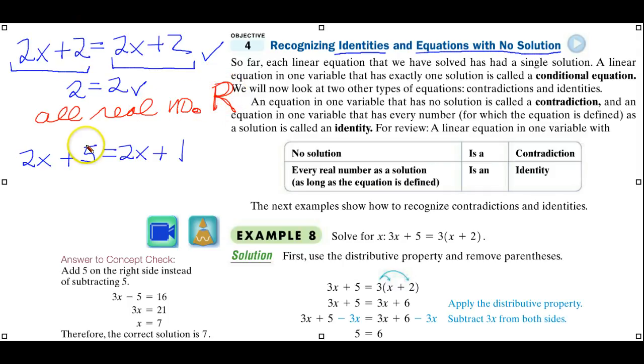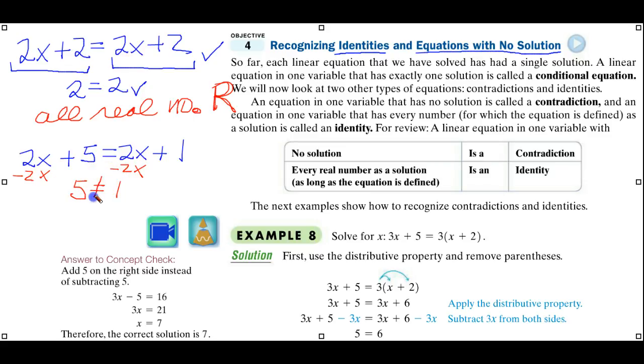Now, this one looks like an equation because it has the equal sign. But when I subtract 2x from both sides, I get 5 equals 1. Is that a true statement?